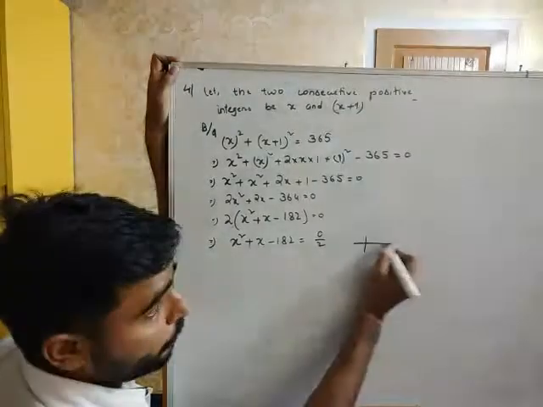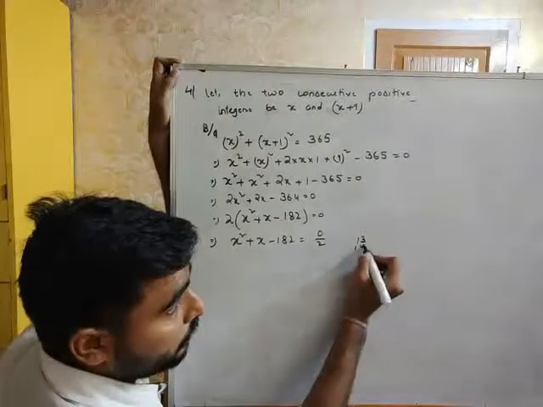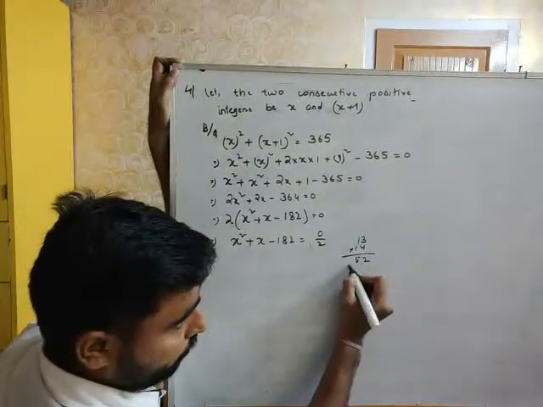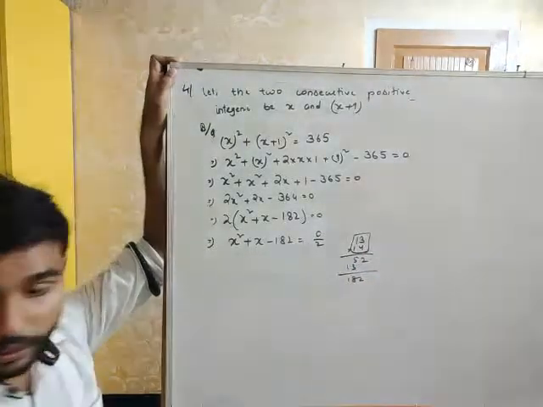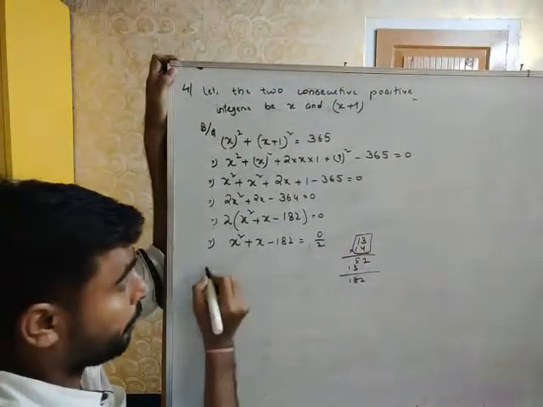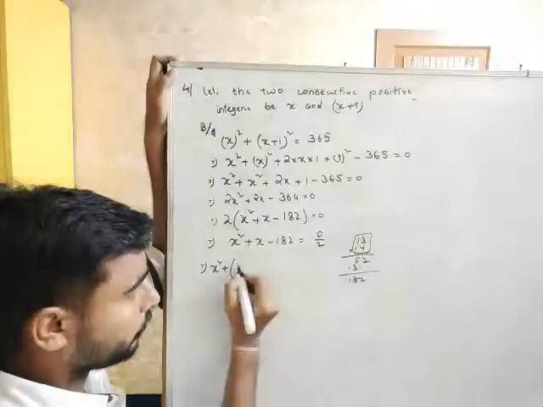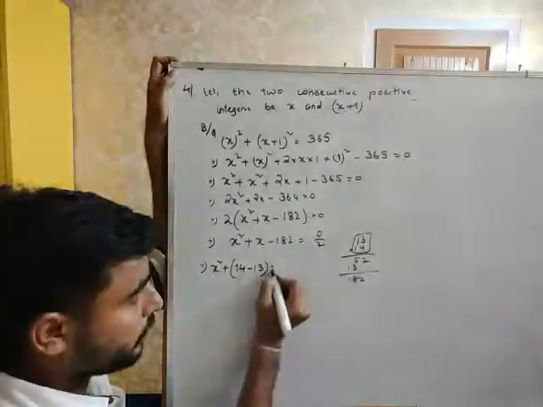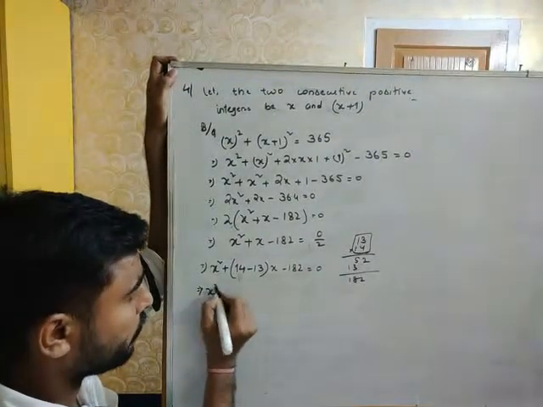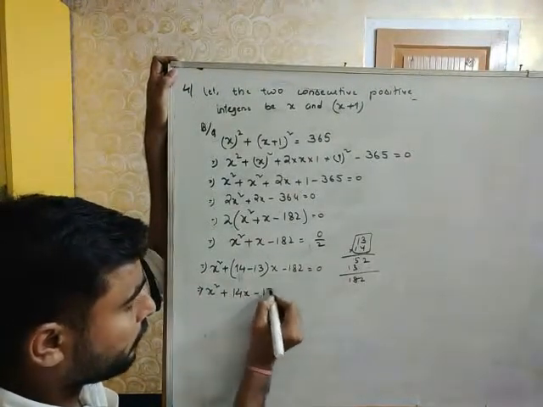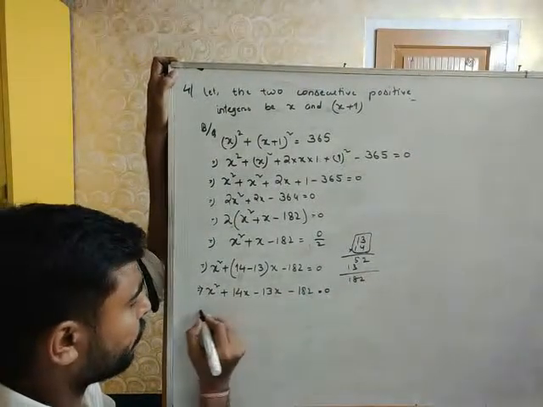We need to find factors of 182. 13 into 14 gives 182, and 14 minus 13 gives 1. So x square plus 14 minus 13 into x minus 182 is equal to 0. 14x minus 13x minus 182 is equal to 0.